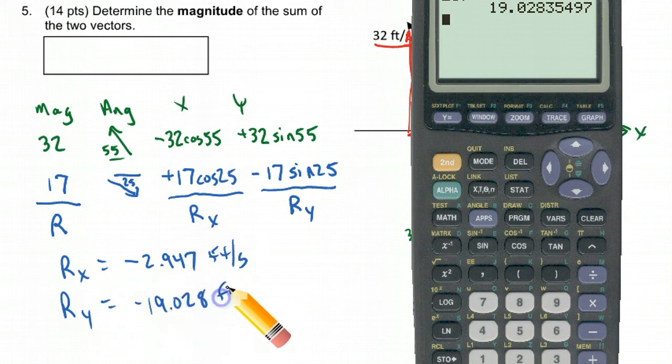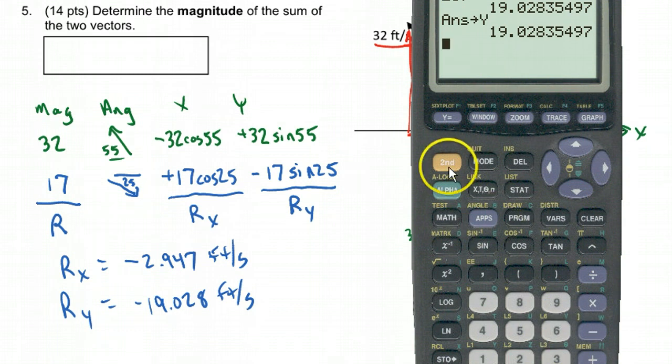Alright, I'll go ahead and store that. Don't really need to, but I'll store that in y. Where's y at? The calculator's a little bit hard to read. It's right here.